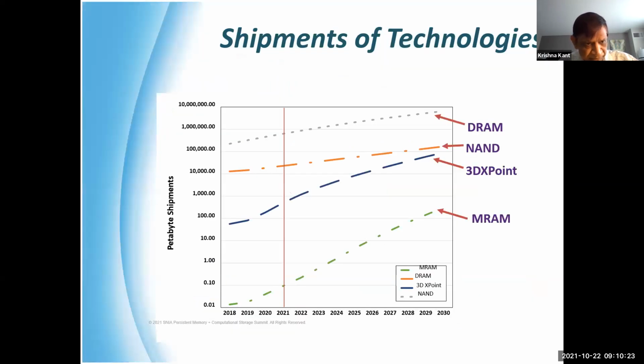Here is a brief chart which tells you what's going on in terms of the shipments of these technologies. As you can see, NAND, of course, is dominant, and it's very high volume. Then the 3D XPoint, which is Intel's Optane technology, is ramping up pretty nicely. And then you have the MRAM, which is fairly small at this point, but hopefully it will grow.